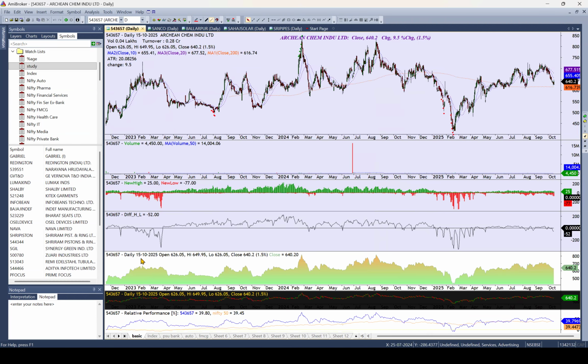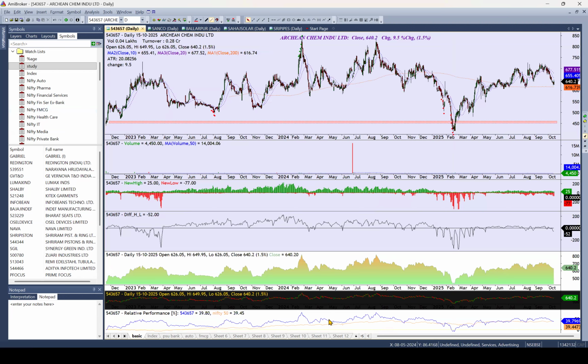Its IPO came around November 21, at 450, and it's trading at around 640. In between, the price went to 450 again, the same as the IPO price. Very, very interesting stock. Keep it on your radar.